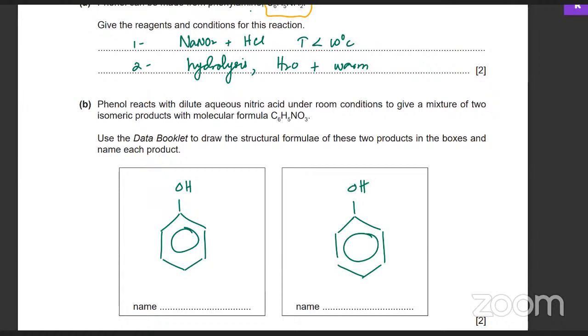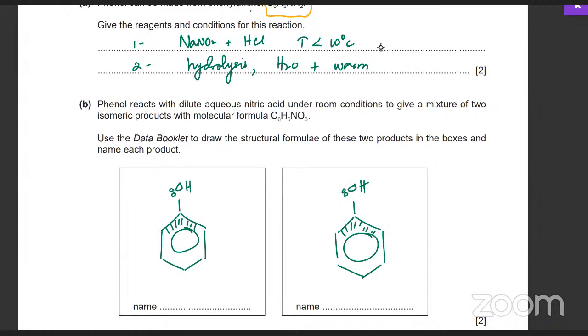Activating. That's an activating group, and because the lone pairs on oxygen overlap with benzene's electron cloud, the electron density becomes higher on positions 2, 4, and 6. Over here also, the electron density will become higher at positions 2, 4, and 6.